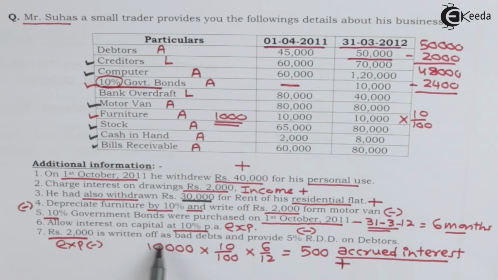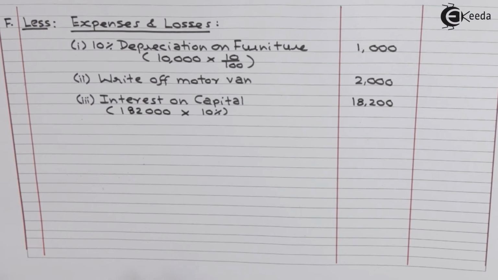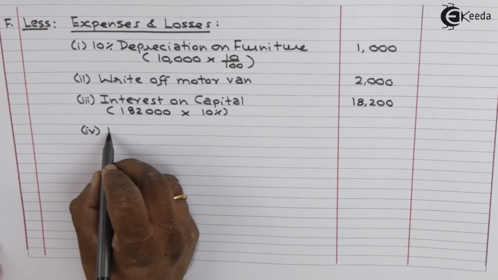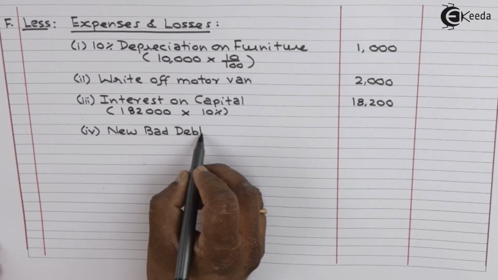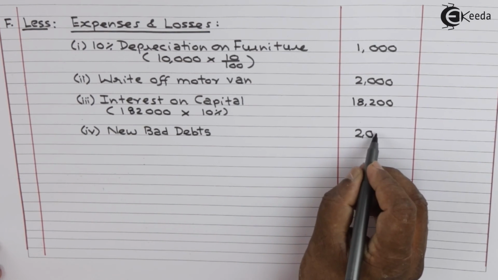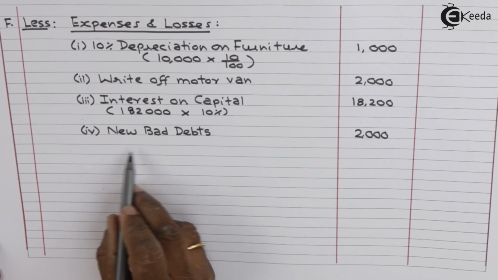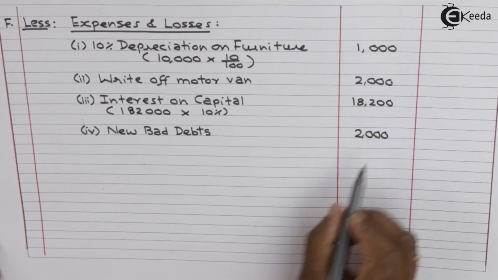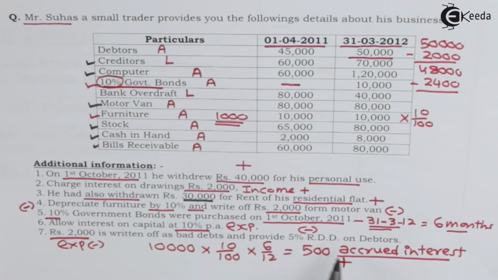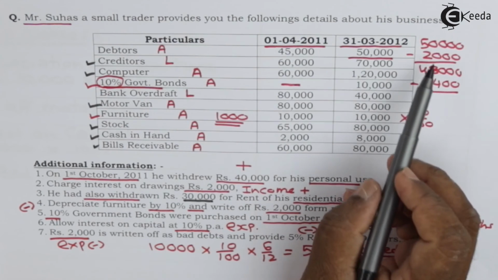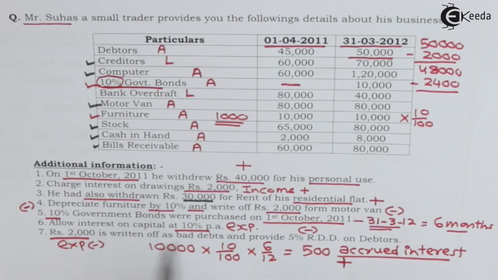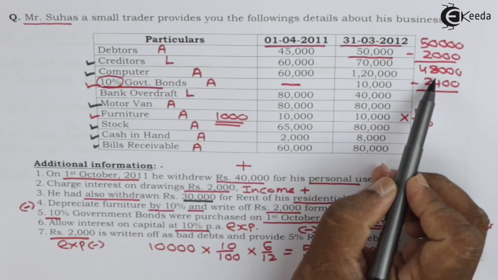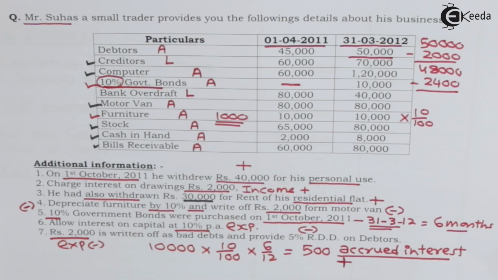Rupees 2,000 is written off as bad debts. New bad debts 2,000. Provide 5% RDD on debtors. Closing debtors are 50,000. If we deduct 2,000 new bad debts, the balance remains 48,000.